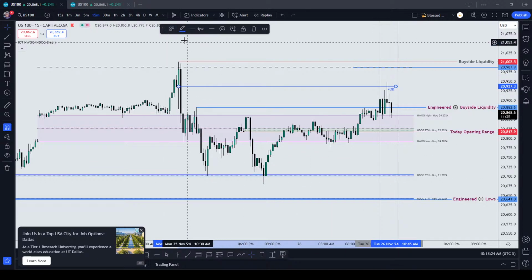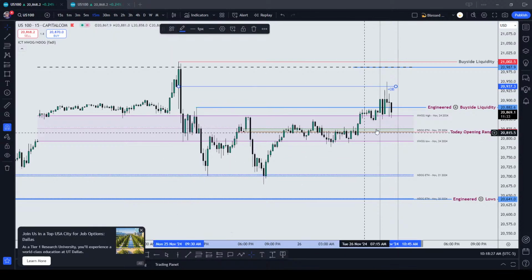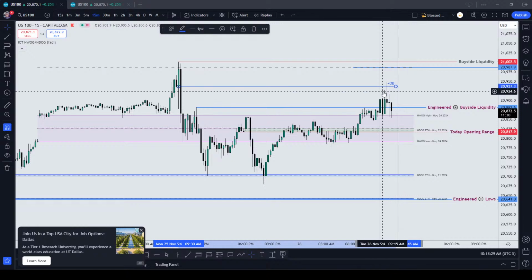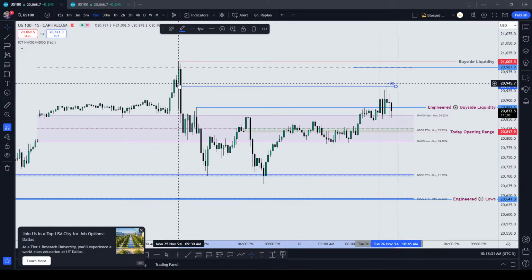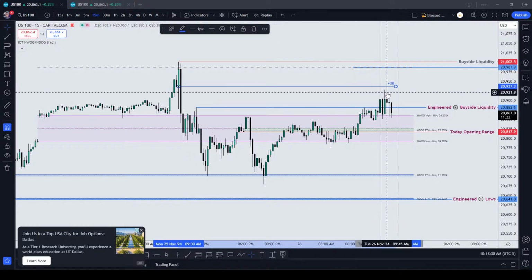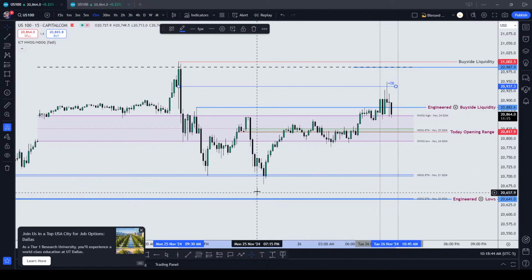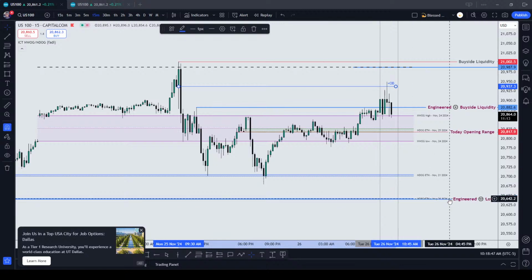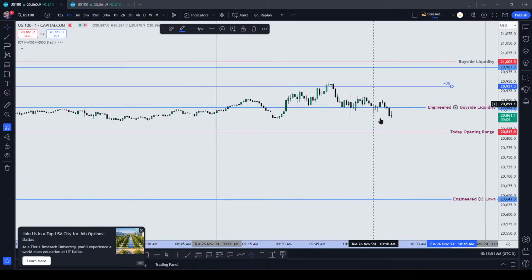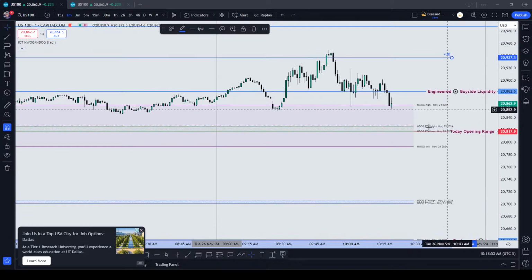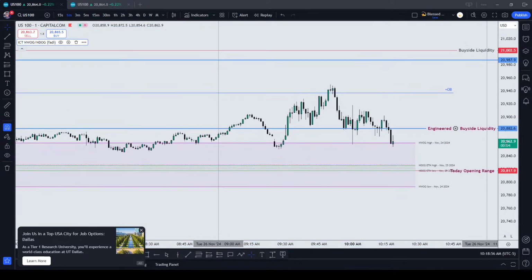So we would have liked to see something like this, say a higher time frame PD array right here. This is an order block right here, because this is the last down-up close candle before this drop right here. So we would have liked to see this happen. Then after this happens, we will see a setup forming that starts attacking the sell side liquidity and sell side liquidity right there. So let's look at what's going on in our chart.